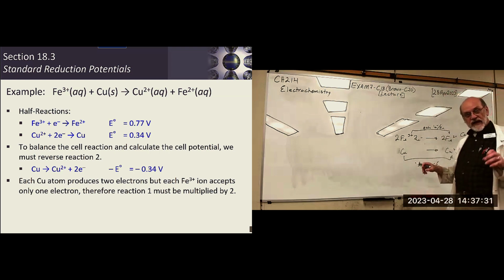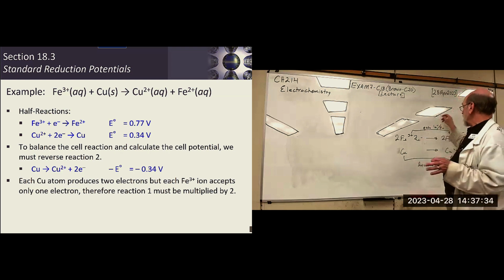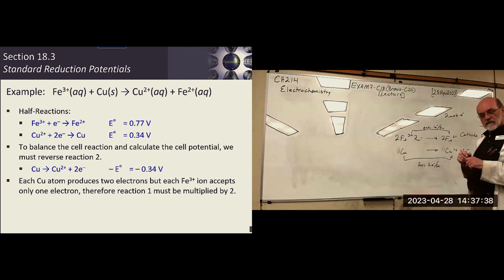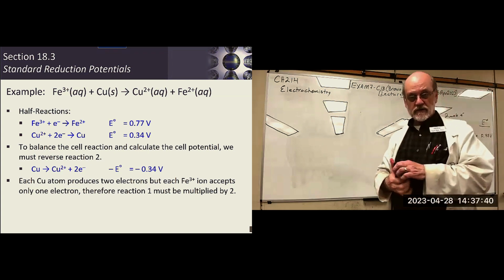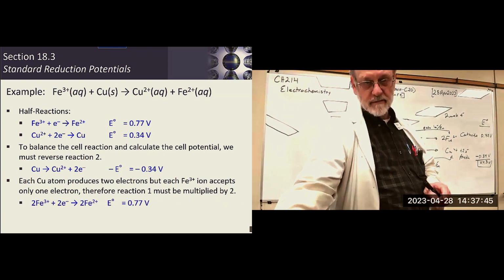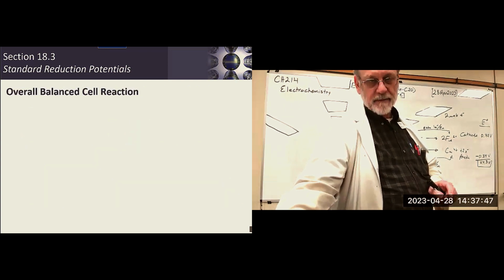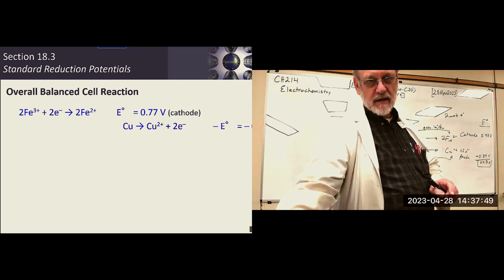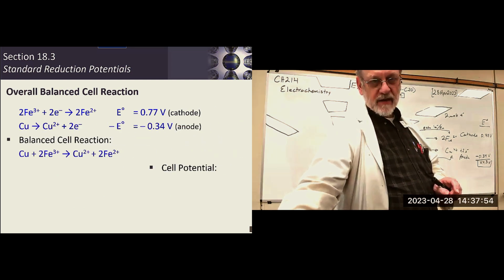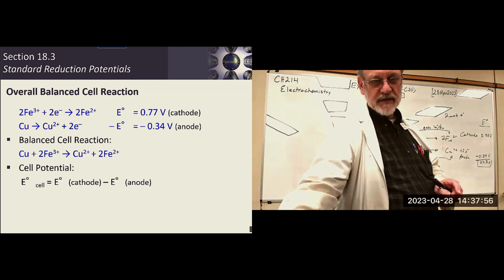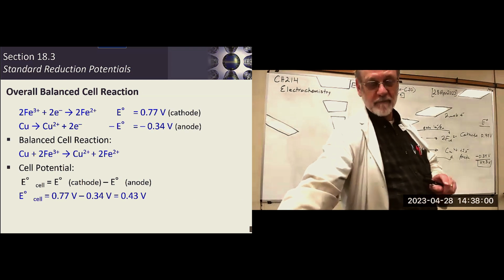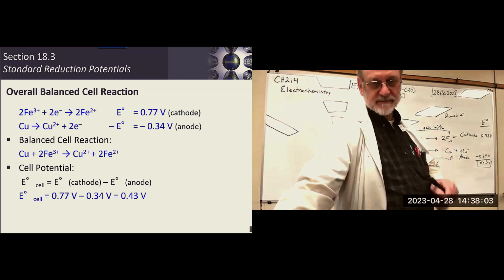So how many electrons would actually move in the balanced equation? It would have 2 moles of electrons moved from that balanced equation. That's important for the future. Okay. Cathode, there's the anode. There's the balanced reaction, and the cell potential is 0.43 volts. Standard potential.